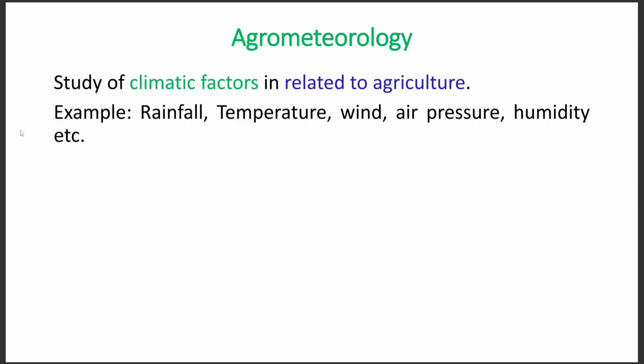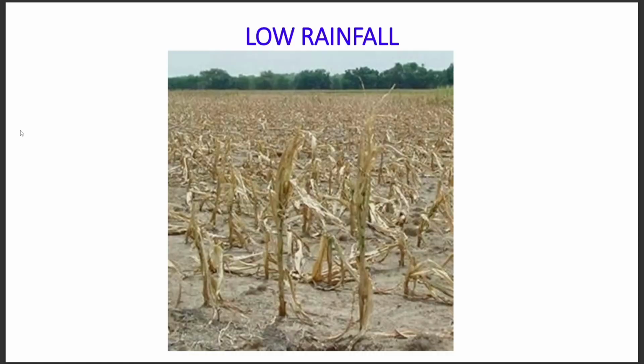After that, we have the subject called agrometeorology. In agrometeorology, we study the climatic factors in relationship with agriculture. The factors are rainfall, solar radiation, temperature, air pressure, humidity, wind. All these things are related, and we have to know how they are related with agriculture.